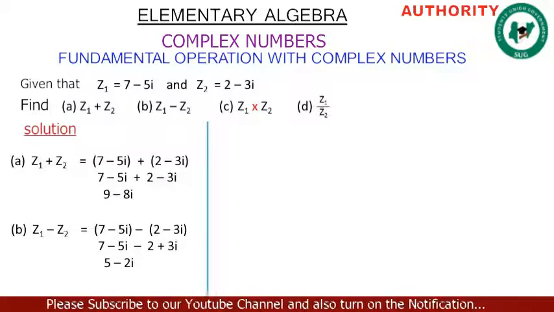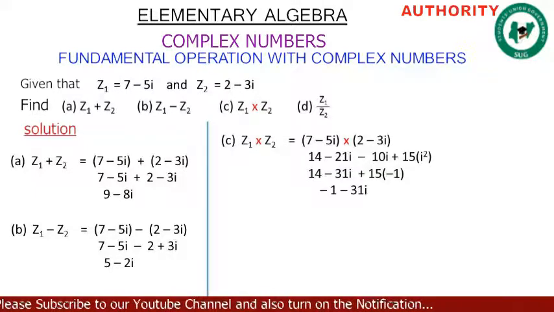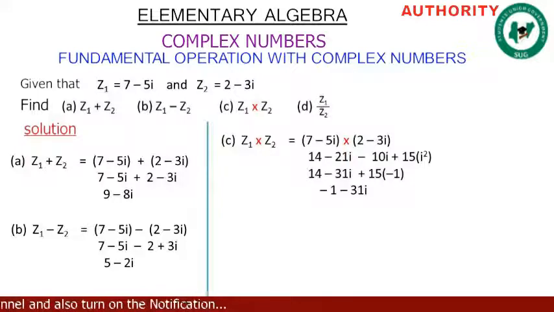All right, let's go. Number C, z1 times z2. So we're having 7 minus 5i in bracket times 2 minus 3i in bracket. Okay, so when we multiply, we're going to have 14 minus 21i minus 10i plus 15i square. Okay, good. Now let's go.